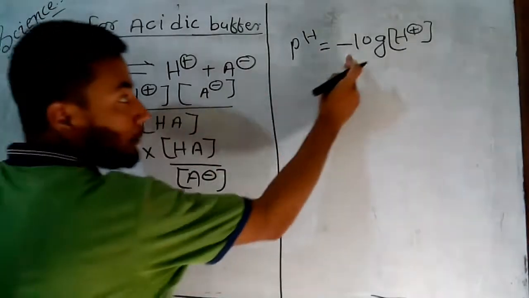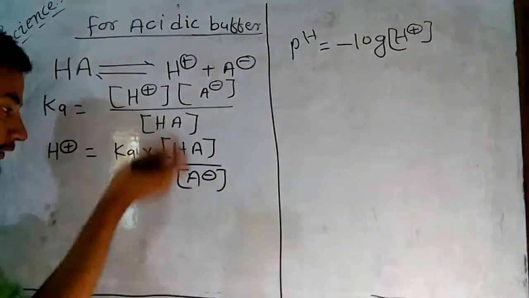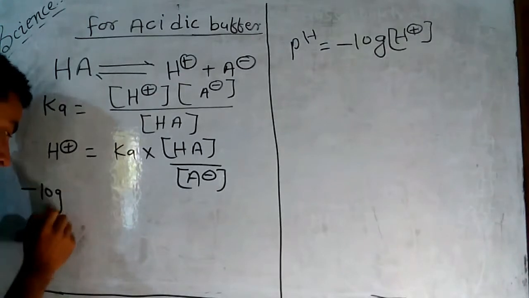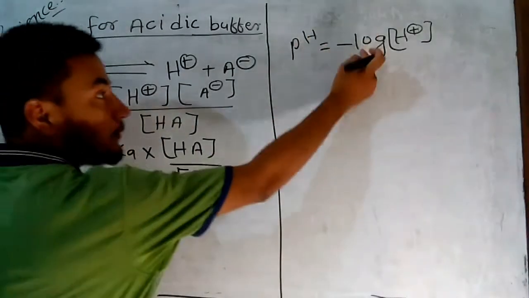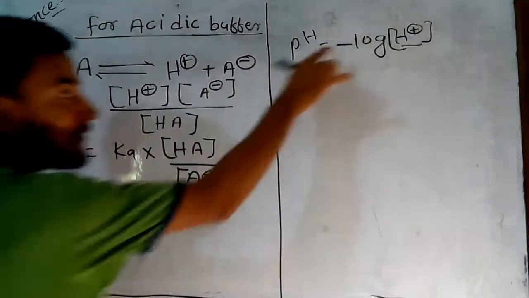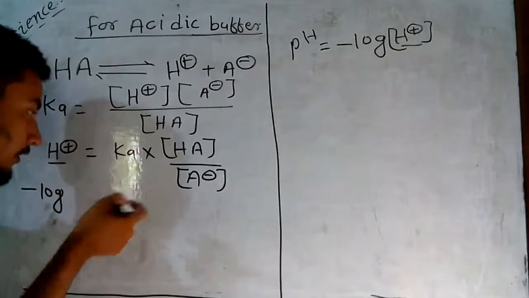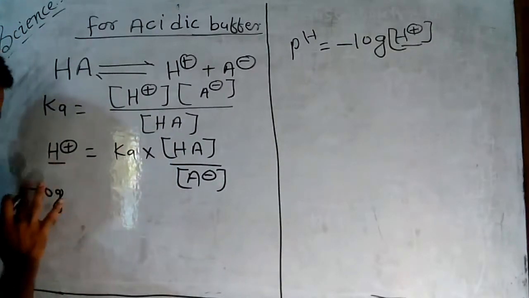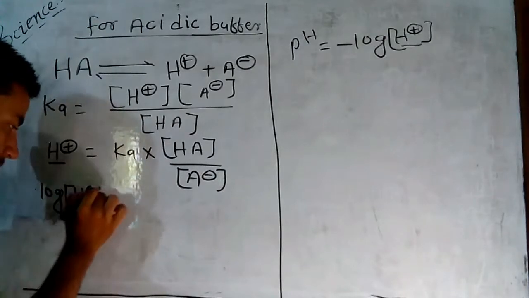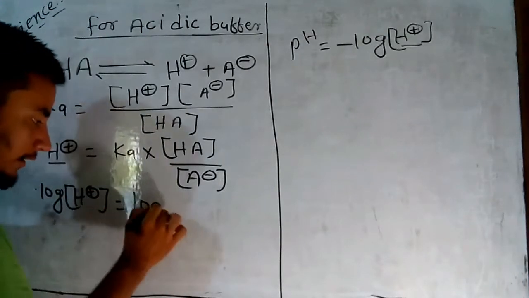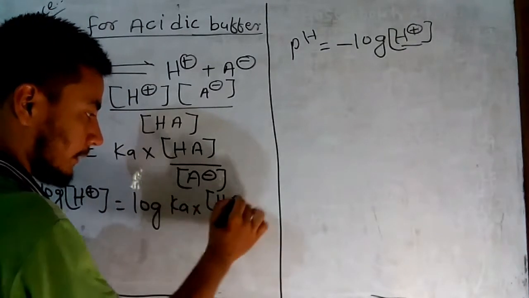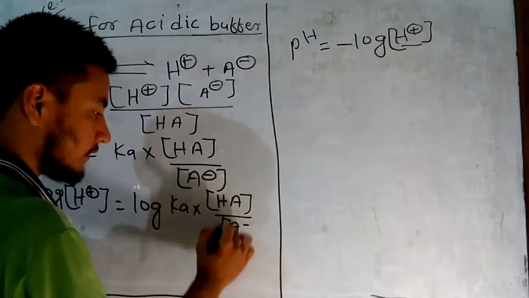Taking log on both sides, log H plus equals log of Ka into HA concentration by A minus concentration.